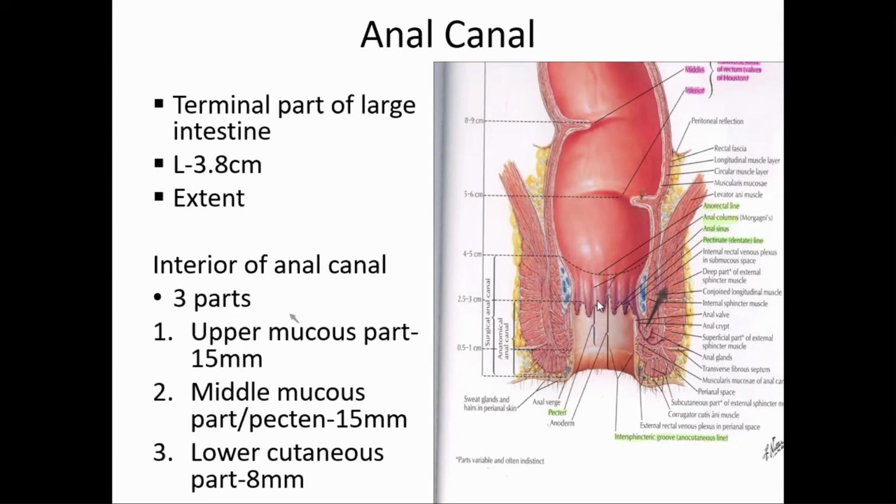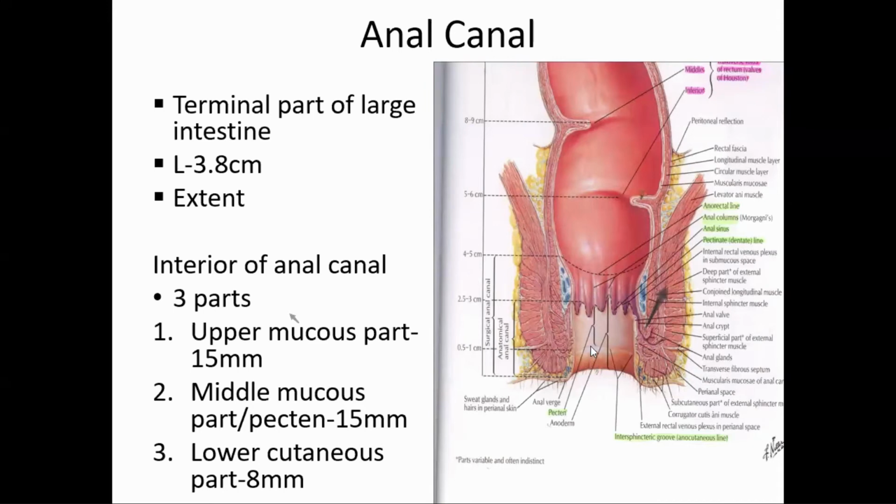The length of the anal canal is about 3.8 or 4 centimeters.